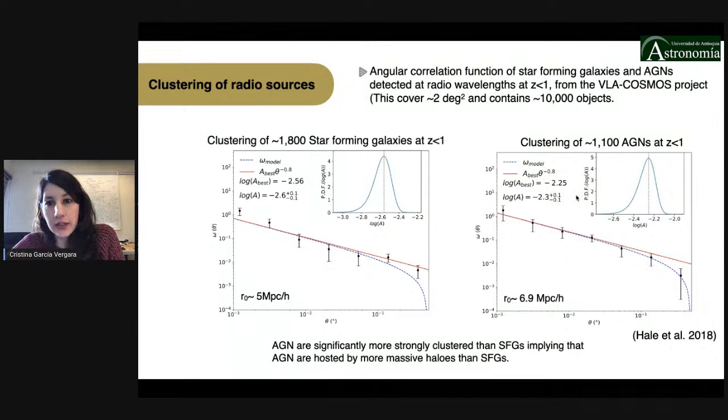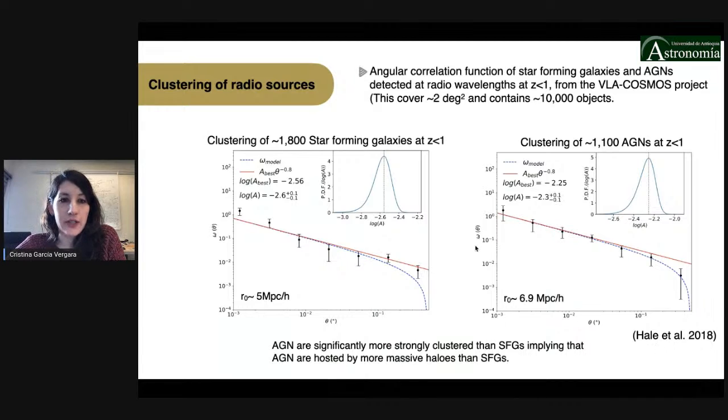And here on the right, you can see the clustering of around 1,000 AGNs at redshift lower than 1. They measure much stronger clustering in this case, with an R0 of 6.9 megaparsec over h. This is work from Hale et al. 2018, so it's a very recent result.